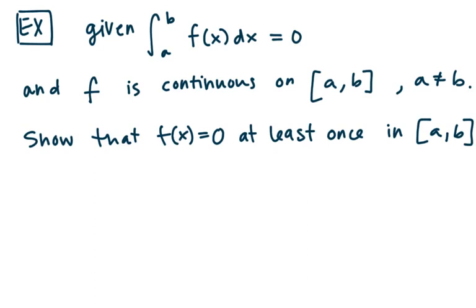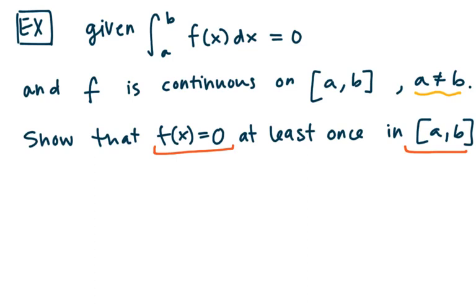And we also know, since a is not equal to b, that this is a non-zero width. It's not a zero width integral, which means we are doing it over some space. If a was equal to b, there would be no width between them, and automatically that value would be equal to 0. So what we want to show is that the function value is equal to 0 at least once on that interval.